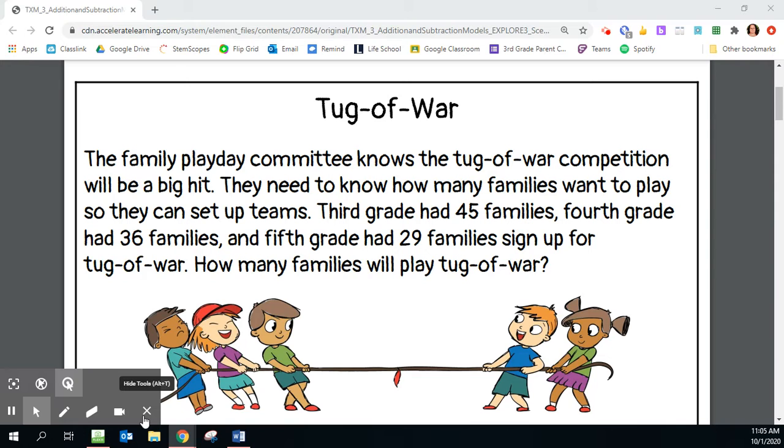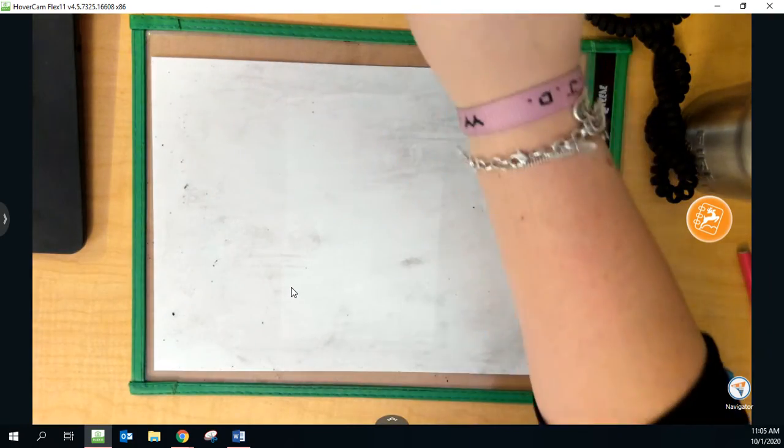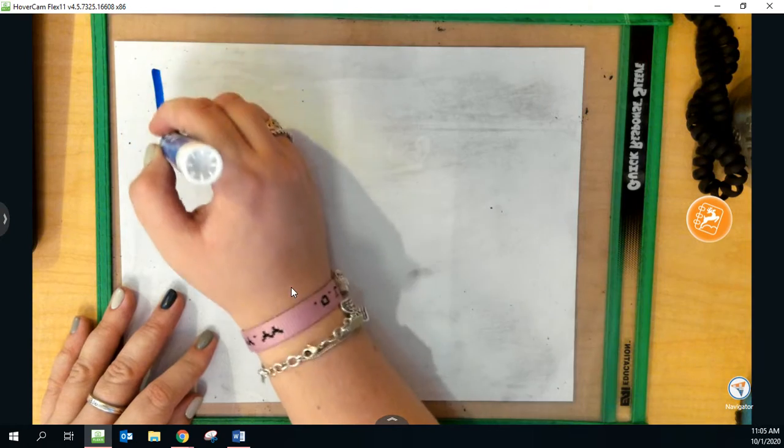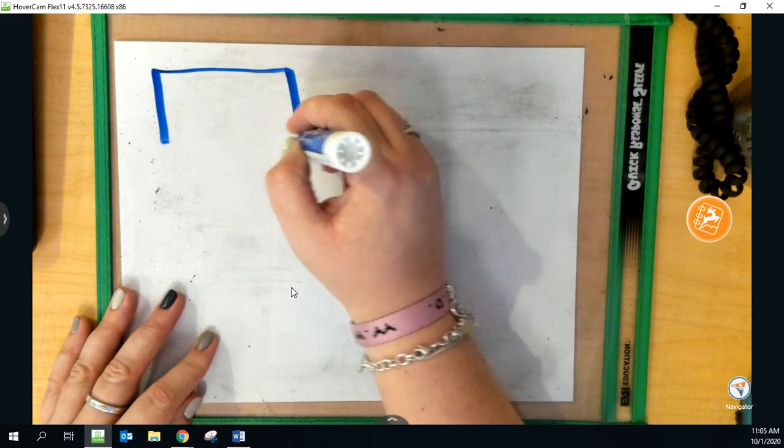So I'm going to analyze the question, and the analyze says label and what are you solving for? So this is where I want you on your whiteboards to draw a box for your strip diagram.